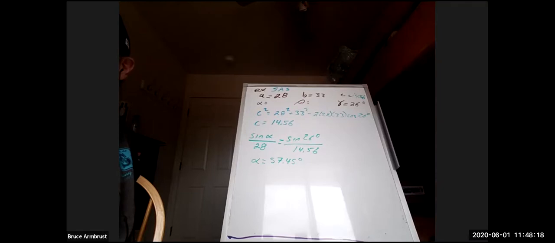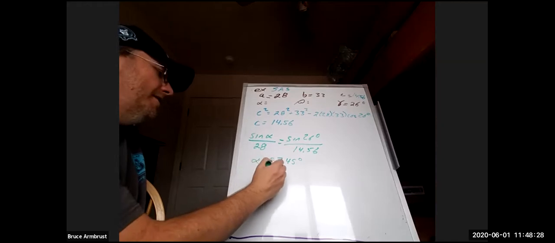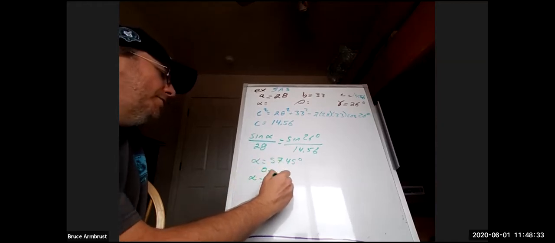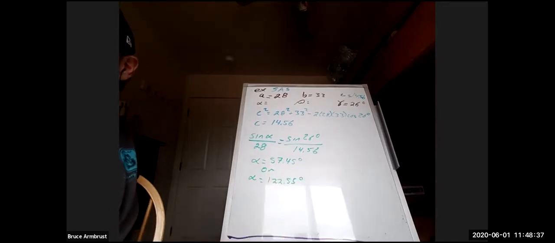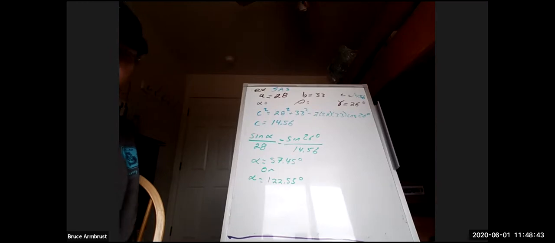All right, so we subtract from 180, and the answer is pretty close, right? The other option, if we take this away from 180, would actually be 122.55. Okay, so we have an or. Well, crap.